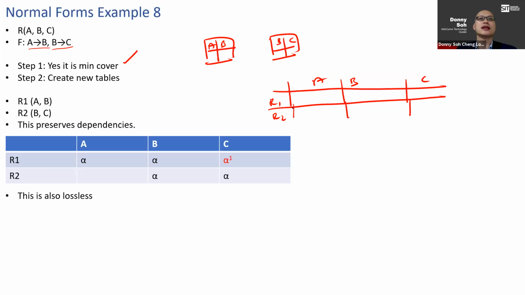So firstly, the table AB here, and this is AB here, and then we can put in alpha here, and so we have a row full of alphas, and so this preserves dependency. Lossless is also very easy to check because A implies B is over here, B implies C is here. So the functional dependency is part of the table, and so immediately we can say that these are lossless.